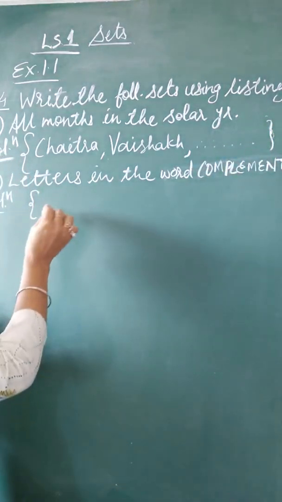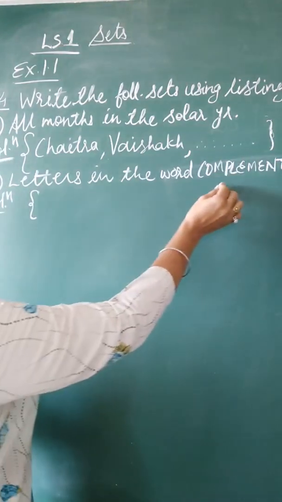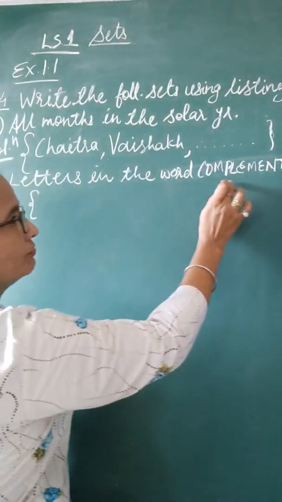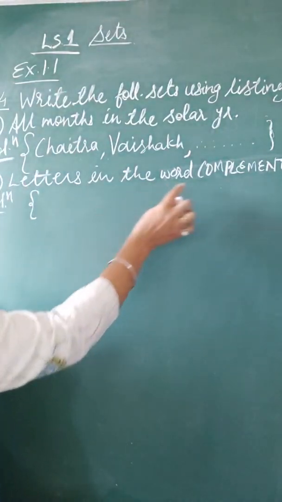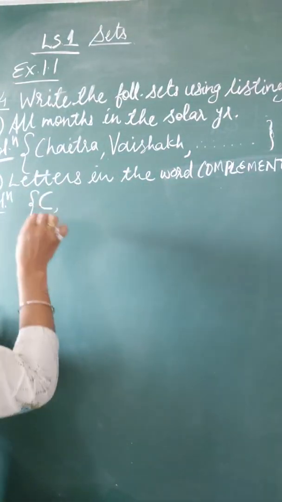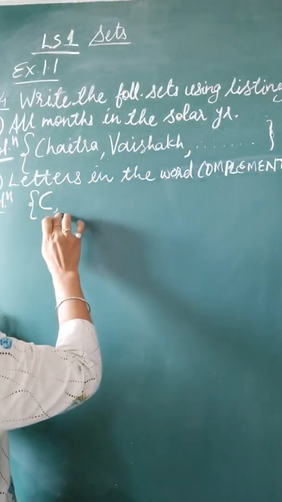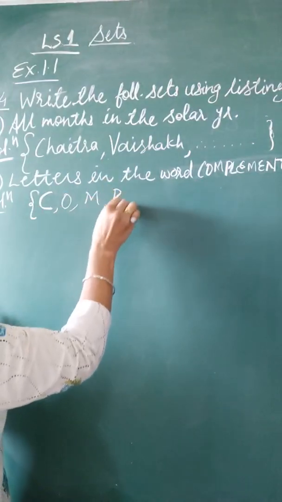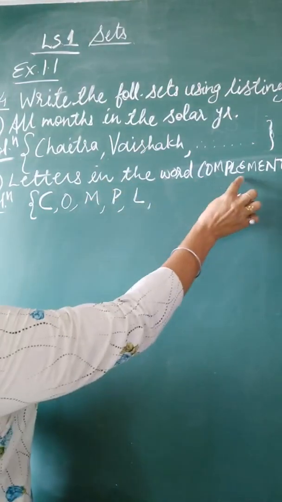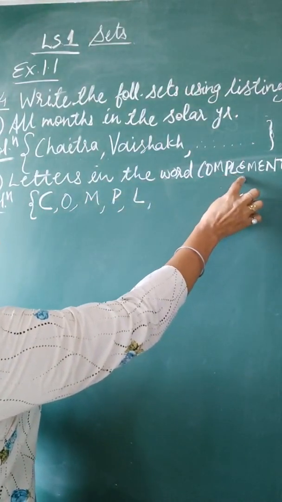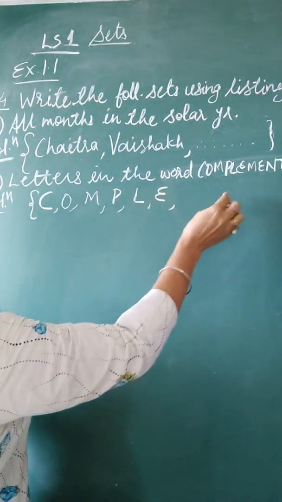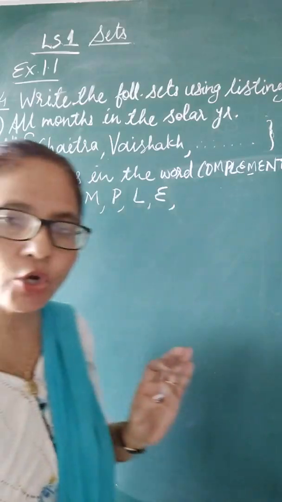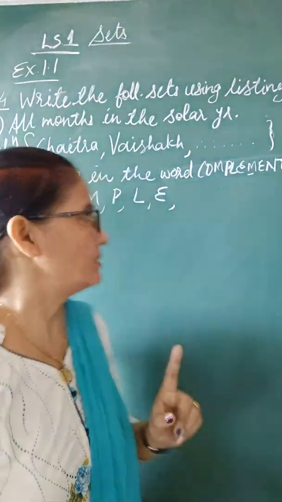Now see this example: letters in the word complement. According to the question, you have to write the letters of the word complement. So how will we write? First we write C, then, you know, these are all separated by commas, then O, comma, M, P, L, E, comma, again M. Now you know that repeated letters you will not write, you write them only once.